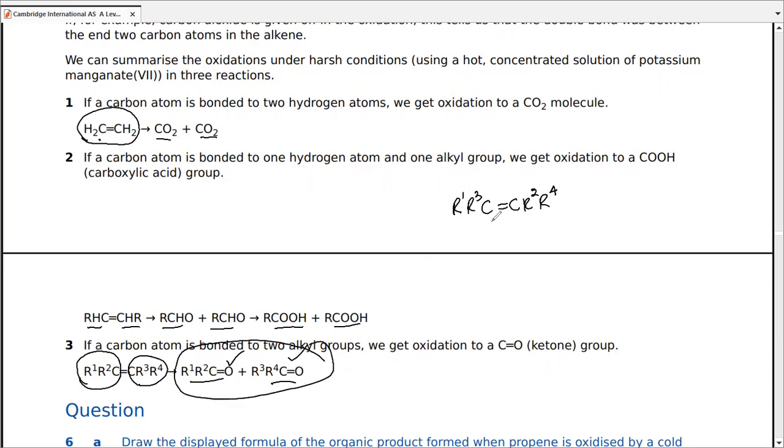Now, you need to be very vigilant that this one is going to give R1, R3, C double bond O as a separate ketone and R2, R4, C double bond O as the other one. So please be very vigilant when you're dealing with these kinds of questions.